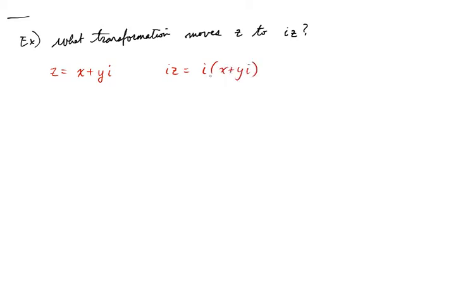Now what happens here? We distribute the i, so we end up with xi plus yi squared, and this becomes negative y plus xi. So you can see here that the values of x and y switched, and the y became negative.